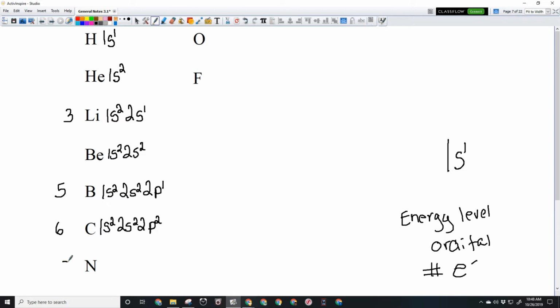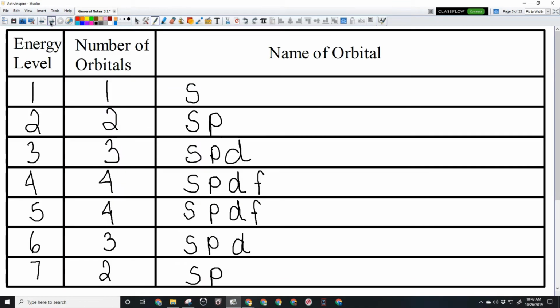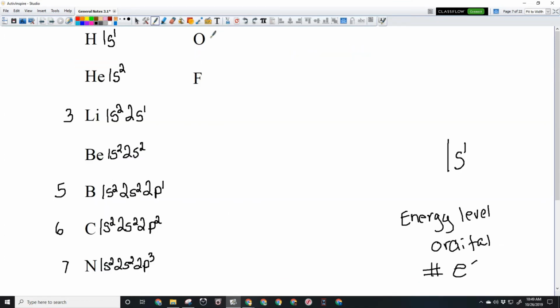Okay, so nitrogen is going to be a 1s2, 2s2, 2p3. It sits in the third position. All right, so going straight across, oxygen.